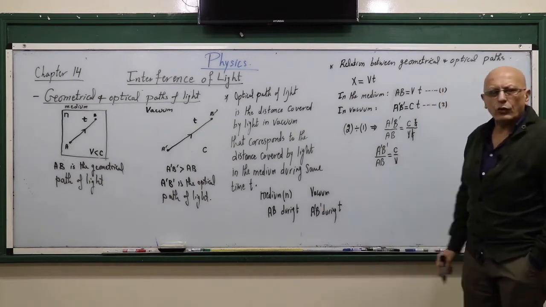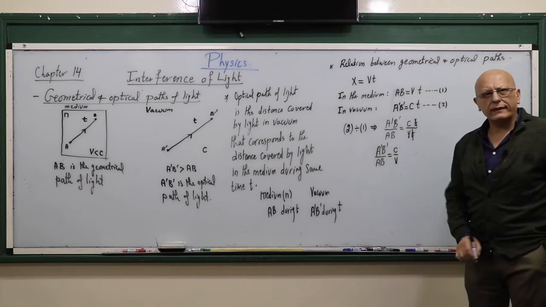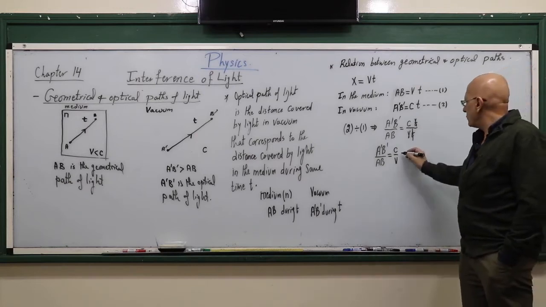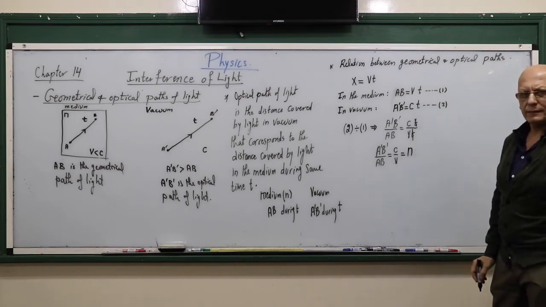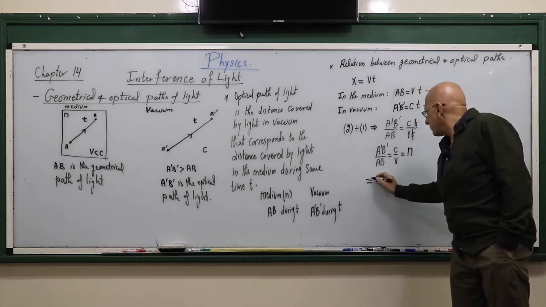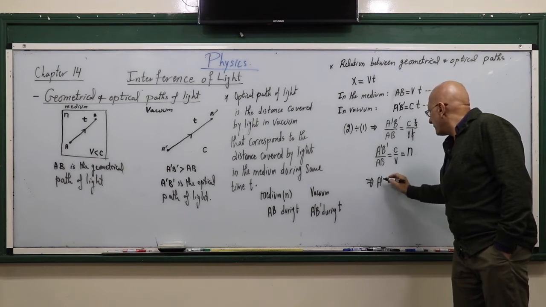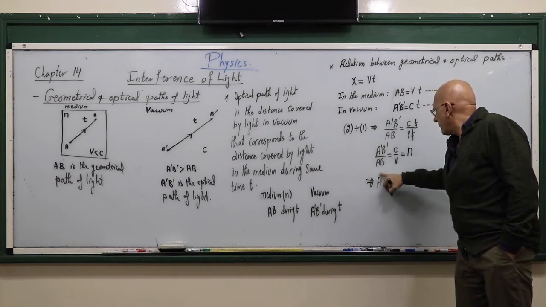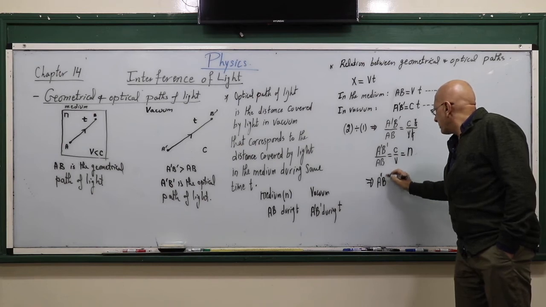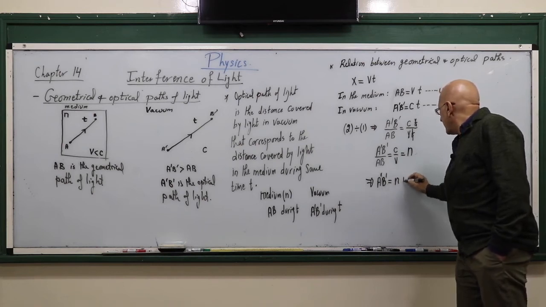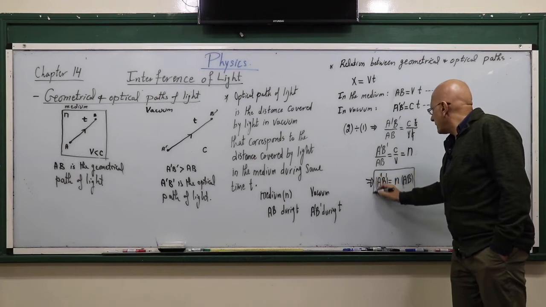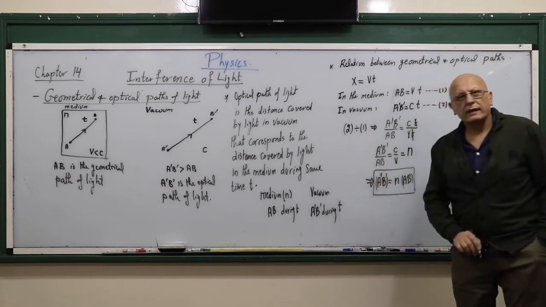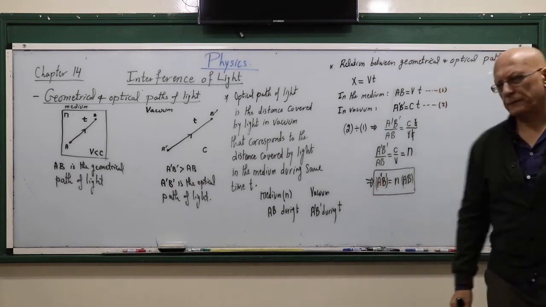But what is c over v? It is the index of refraction of the medium, so it is equal to n. This implies A prime B prime is equal to n AB. So this is the relation between optical path and geometrical path.